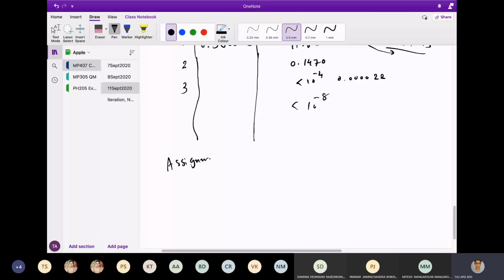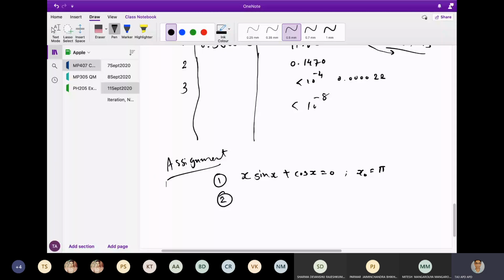In the assignment, we shall be doing x sine x plus cos x equal to 0, and the initial guess is pi.